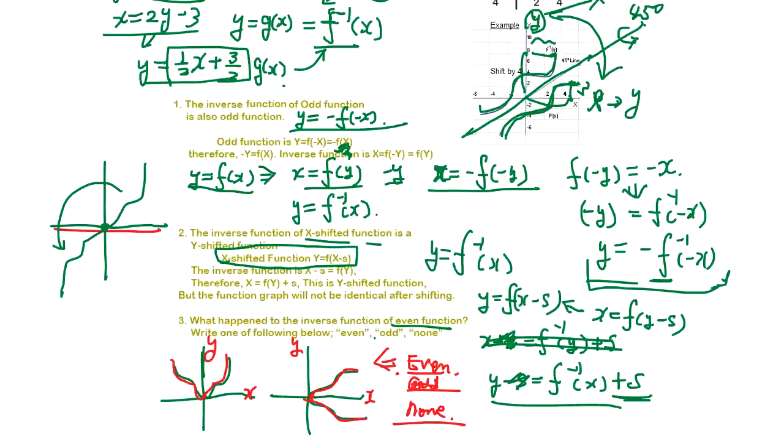Okay, so if it's inverted, it's going to be like that, 45-degree symmetric. So it's going to be an odd function again. So odd, invert, odd function.